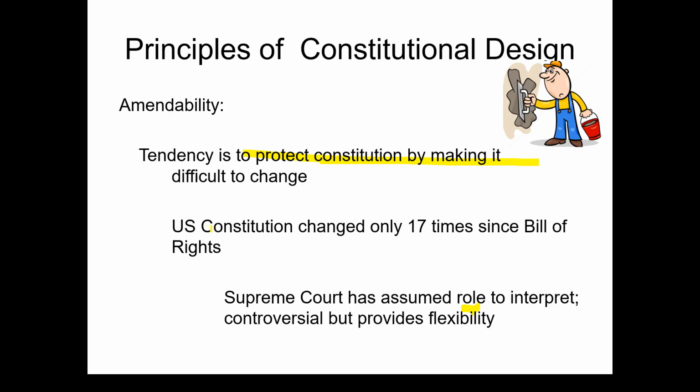And the Bill of Rights was literally a tack-on to the Constitution, because it was promised during the ratification process in order to get it ratified. So that was just a formality, adding all 10 of them at one time. Therefore, after that period, the United States Constitution has only been changed 17 times.